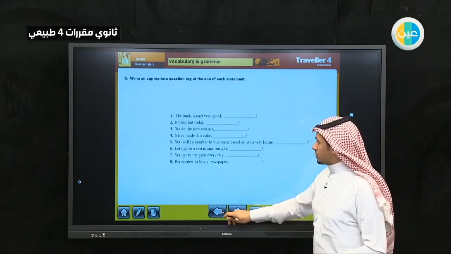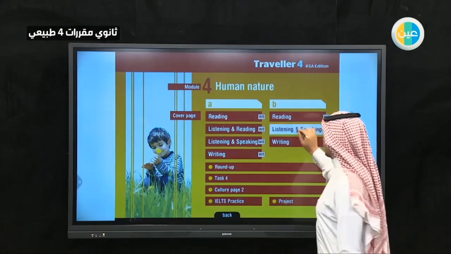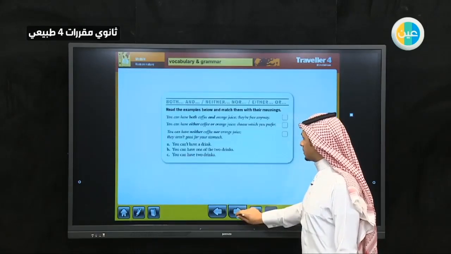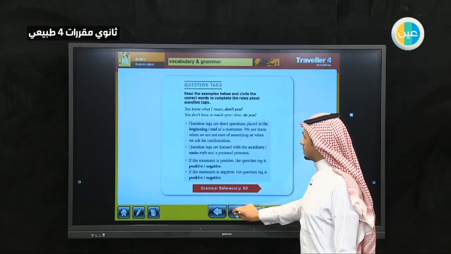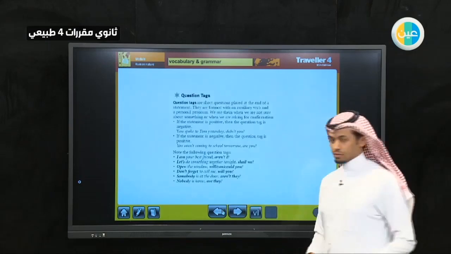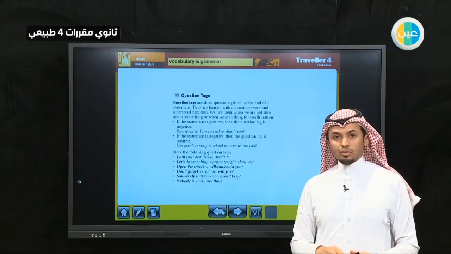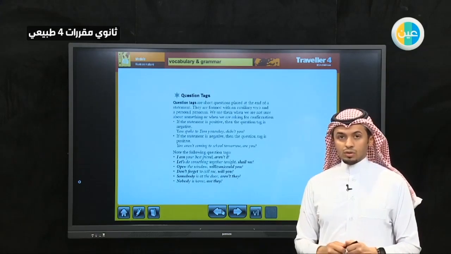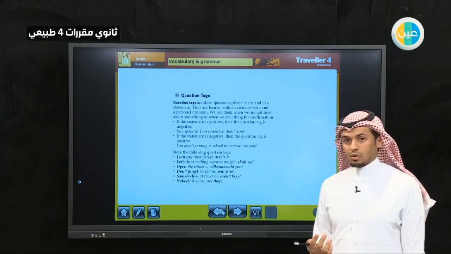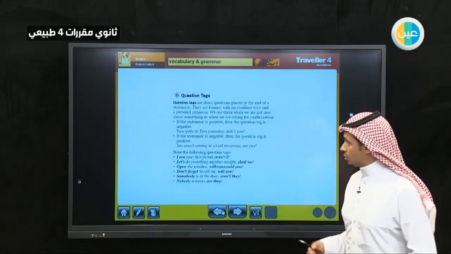And now let's head to something else, which is the tag questions. For instance, if I say, this car is beautiful, and I want to take your opinion, or I say, is this car beautiful?